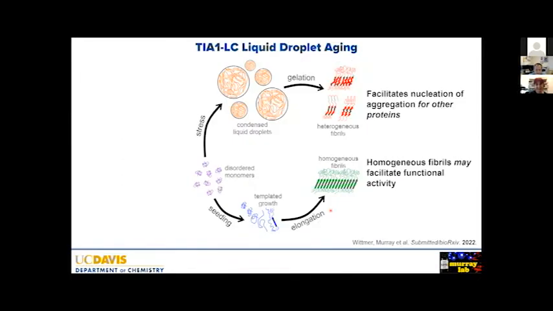Okay, all right, so that led us to put forth the following model based on our observations, which is somewhat similar to the Eric Kandel model, where we have disordered protein monomers. In times of stress in cells, you form condensed liquid droplets or stress granules. If these are allowed to age, perhaps due to the presence of disease mutations, you get the formation of heterogeneous fibrils.